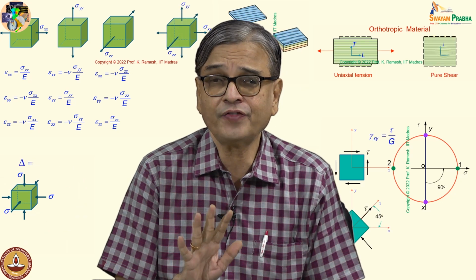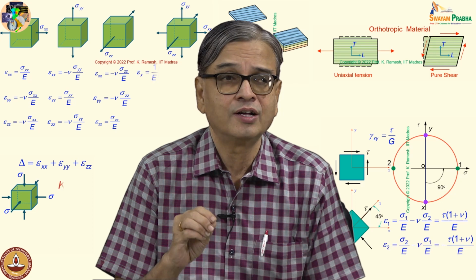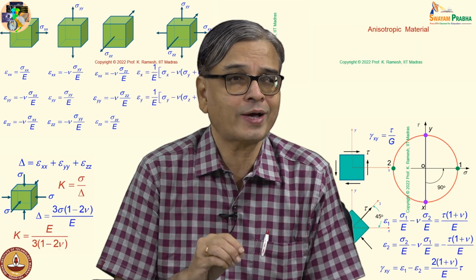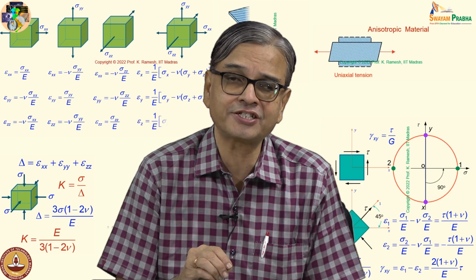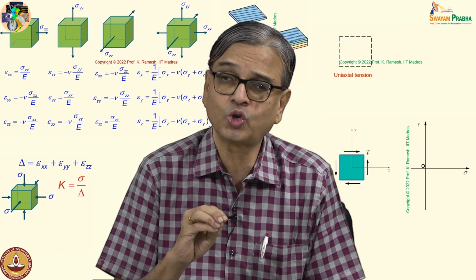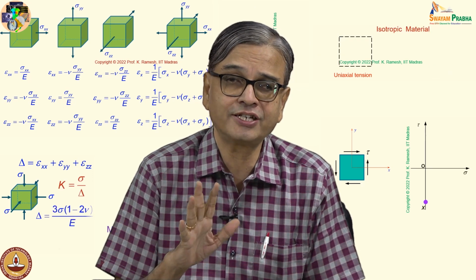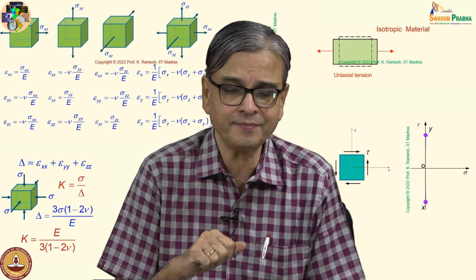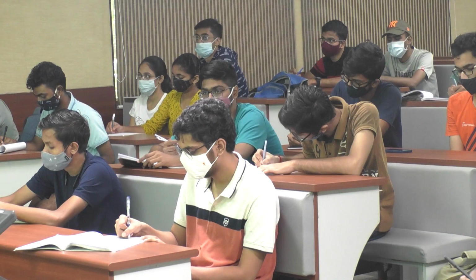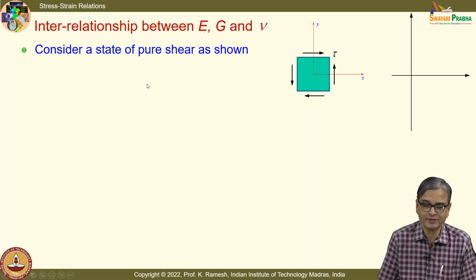In the case of isotropic materials, the principal stress directions and the principal strain directions are identical. That gives you a lot of simplification in your understanding of the material behavior, and we would use that. Have you drawn the Mohr circle? Okay, check it with mine.